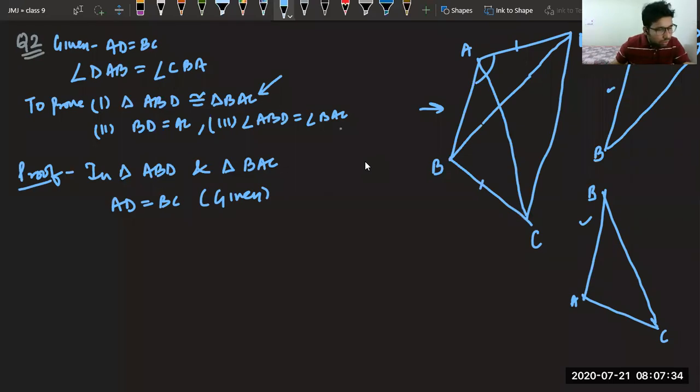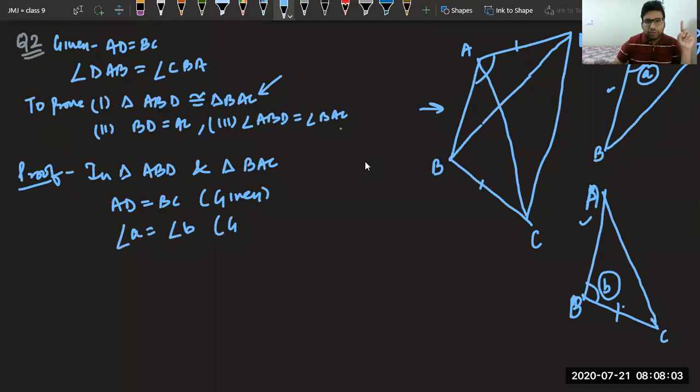AD equal to BC. Yes, this is B. Sorry, this is B, this is A. AD equal to BC given to us, first thing. Second thing is angle DAB, that is this angle, suppose small a, and this angle CBA is small b. They are given equal to us. Angle A equal to angle B given.